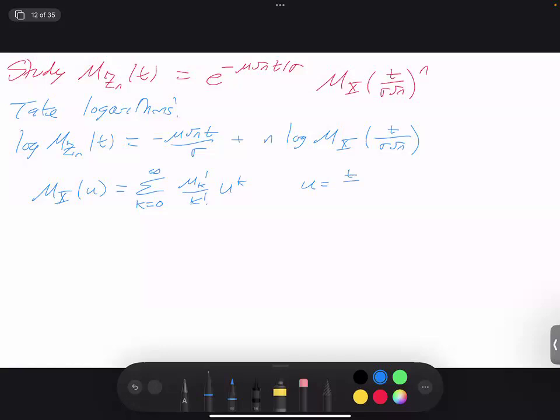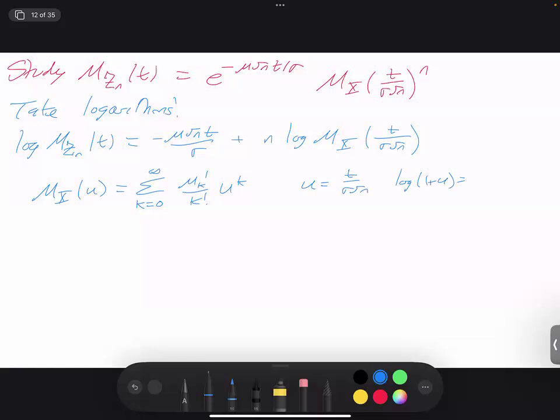T over sigma square root of n. And does anybody know what the log of 1 plus u is, the Taylor series expansion? I'm writing this log of 1 plus u. When u equals 0, what do we get?